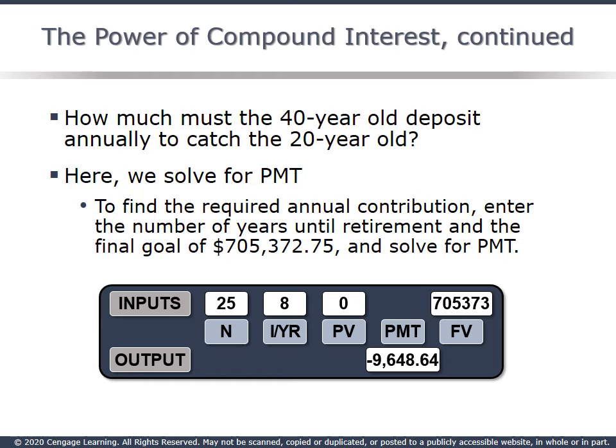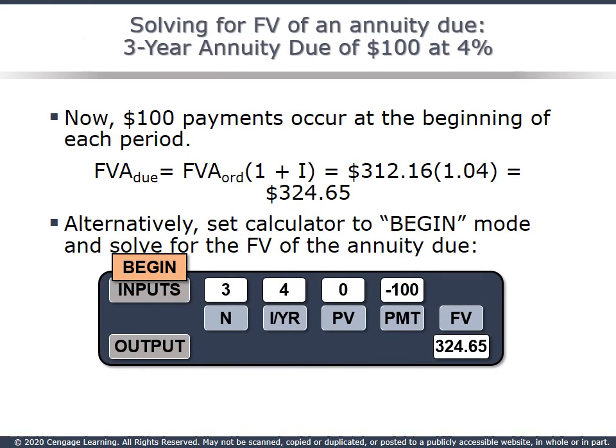If this investor doesn't start saving till she's 40, she would have to put aside every year over $9,600 to be able to end up with at retirement that $705,373. So all of those problems are ordinary annuity type problems. Finding the future value of an ordinary annuity.